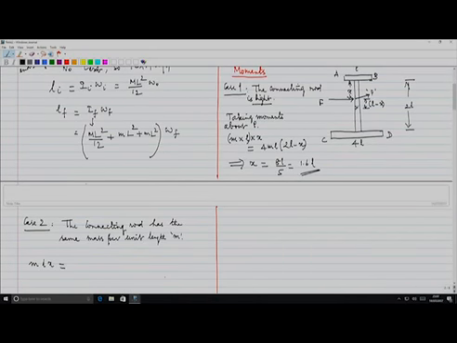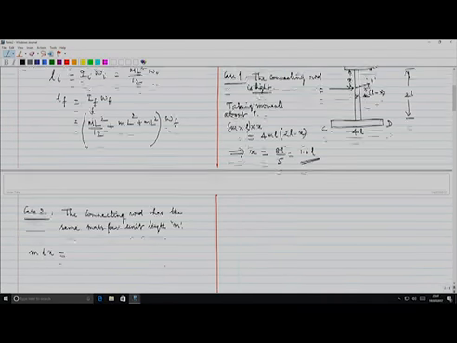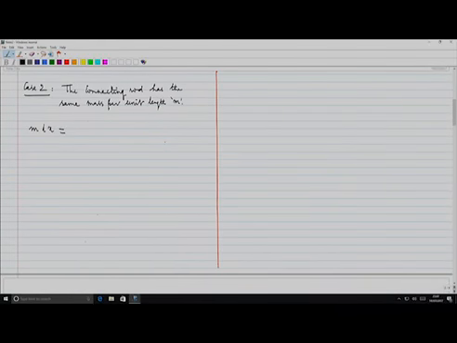However, there is going to be a moment due to the middle portion, right? So therefore, plus 2Lm into (L minus x), plus 4Lm into (2L minus x). So x is equal to 10L by 7.